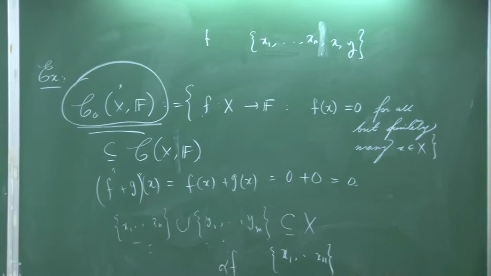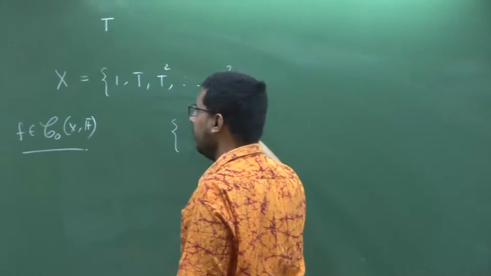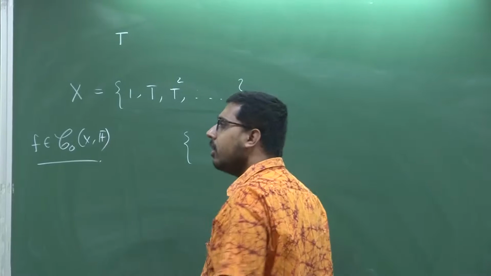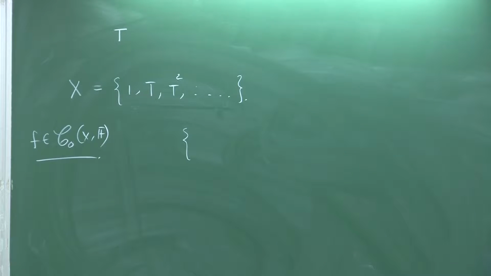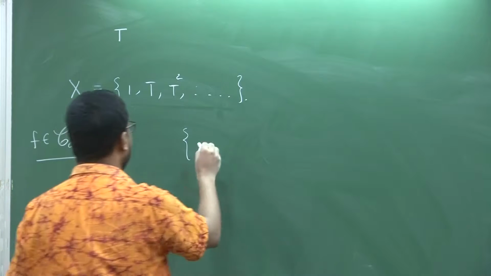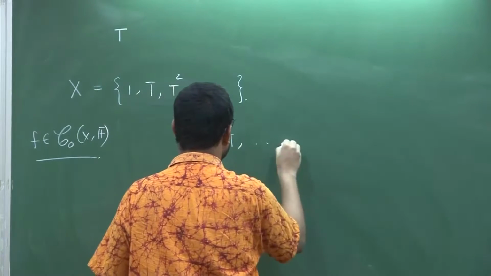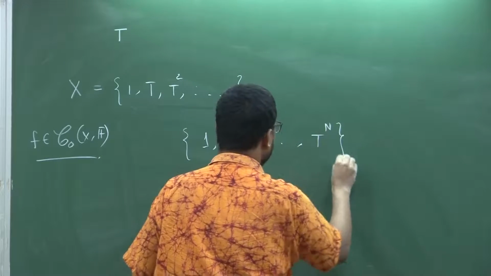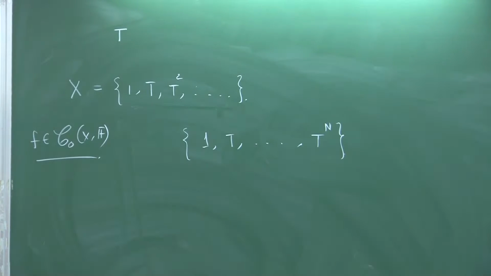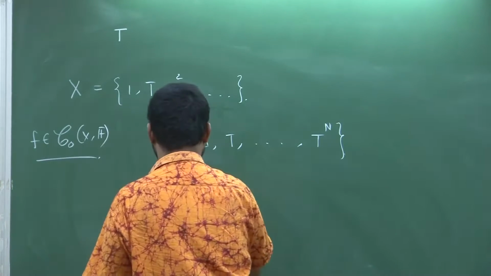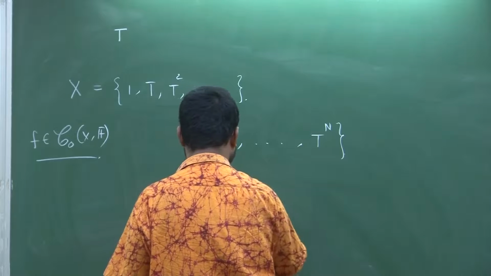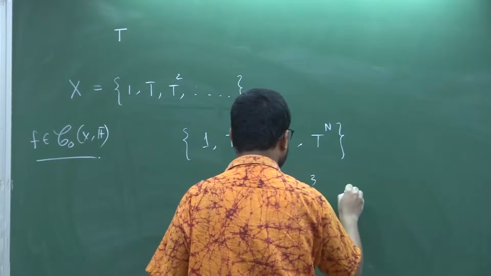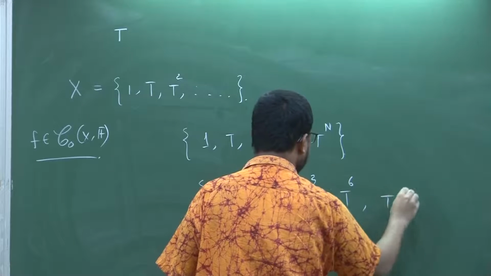So we know that there is a finite subset, some powers of t, and we can enlarge that set. Let me give you an example. Suppose the set corresponding to this f is 1, maybe t cube, maybe t6, maybe t10.